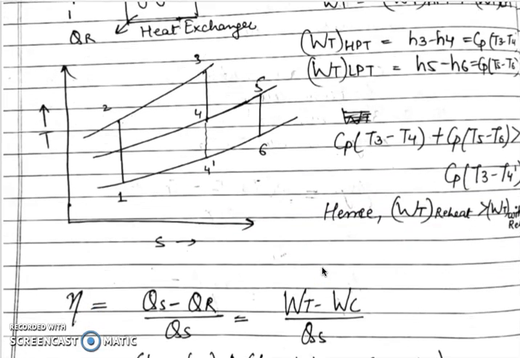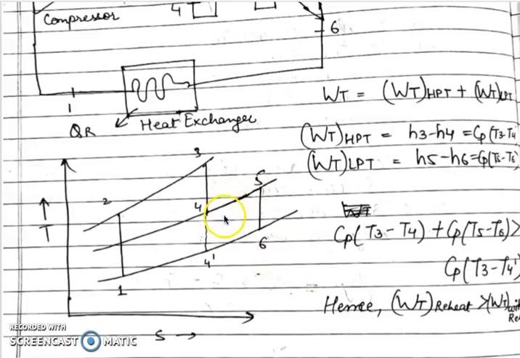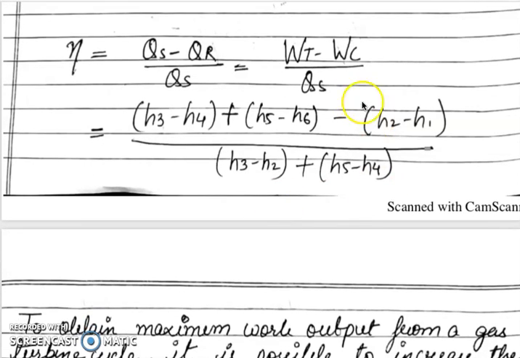So the thermal efficiency of the gas turbine cycle may increase or may decrease by the use of reheating, because this heat addition will also affect the thermal efficiency. Now the efficiency can be written in terms of enthalpies as the two turbine works minus the single compressor work, as we have not staged the compressors, and the two heat inputs, one in the combustion chamber or heat exchanger and the second in the reheater.